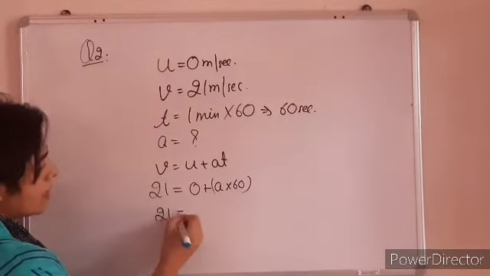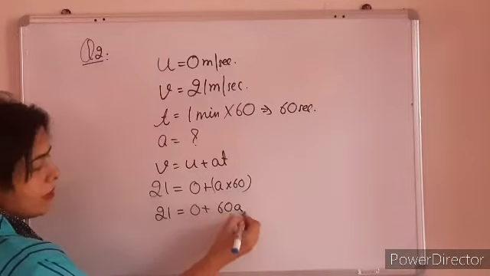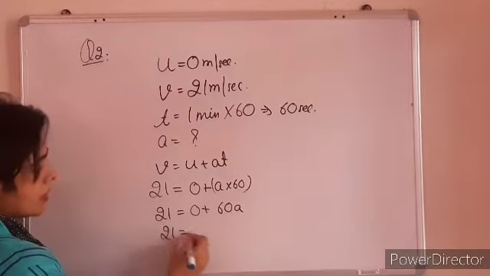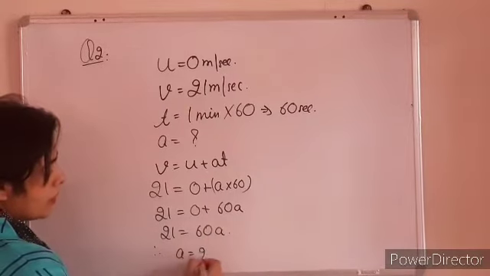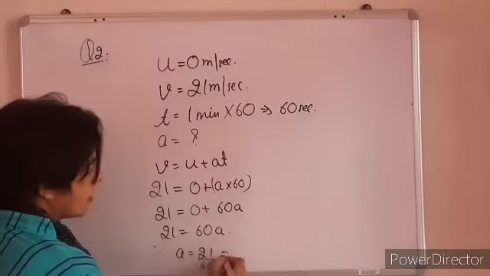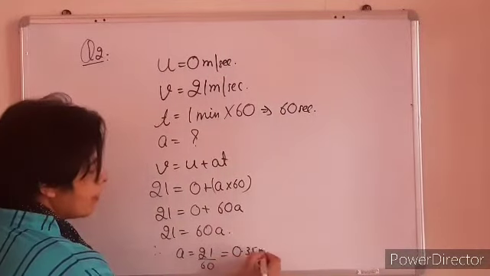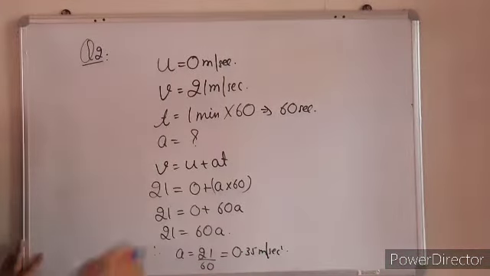So 21 is equal to 0 plus 60A. 21 is equal to 60A. Therefore, A is equal to 21 over 60. When you divide it, you get the answer as 0.35 meter per second square.